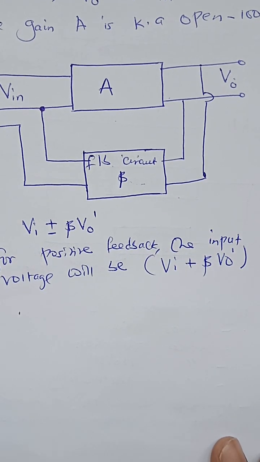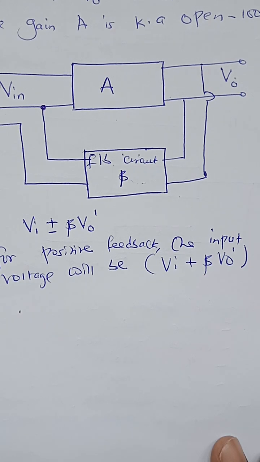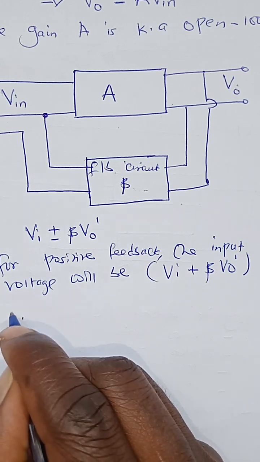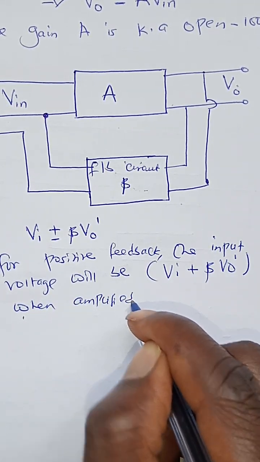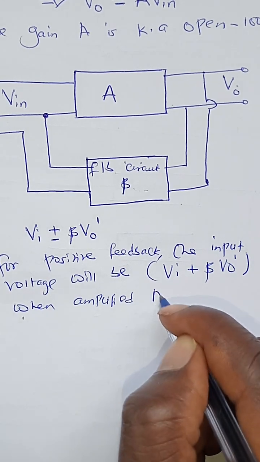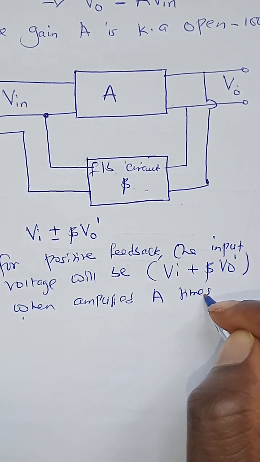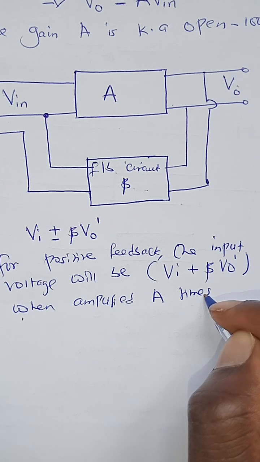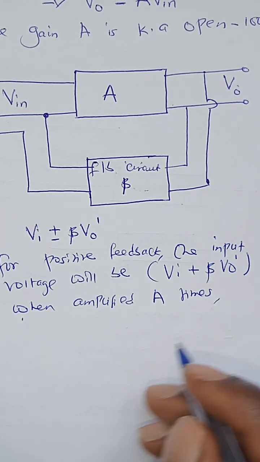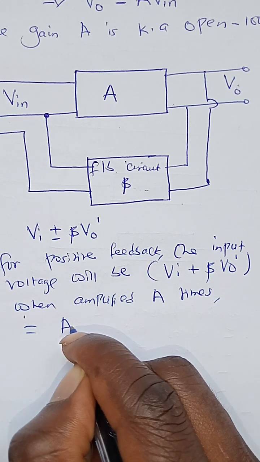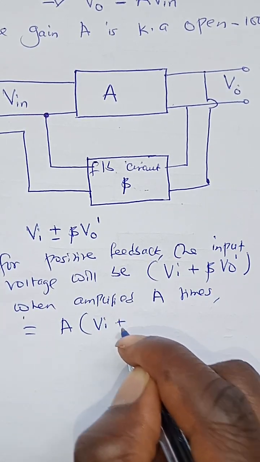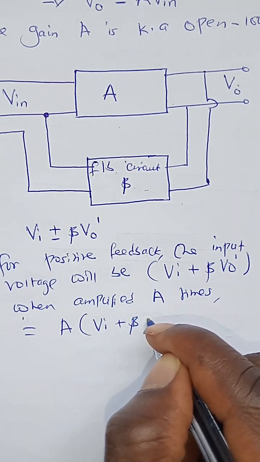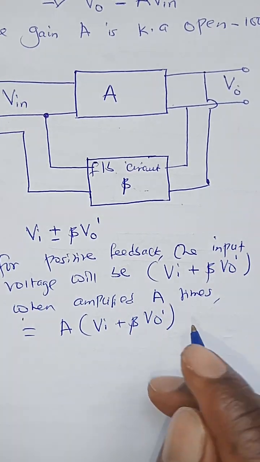And when it is amplified A times, the total output of the amplifier will be A multiplied by the new input energy, but now with the feedback.